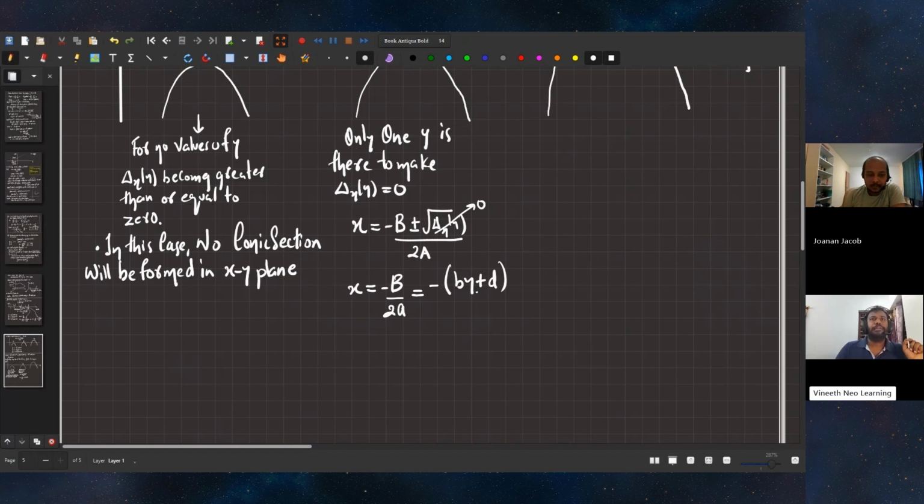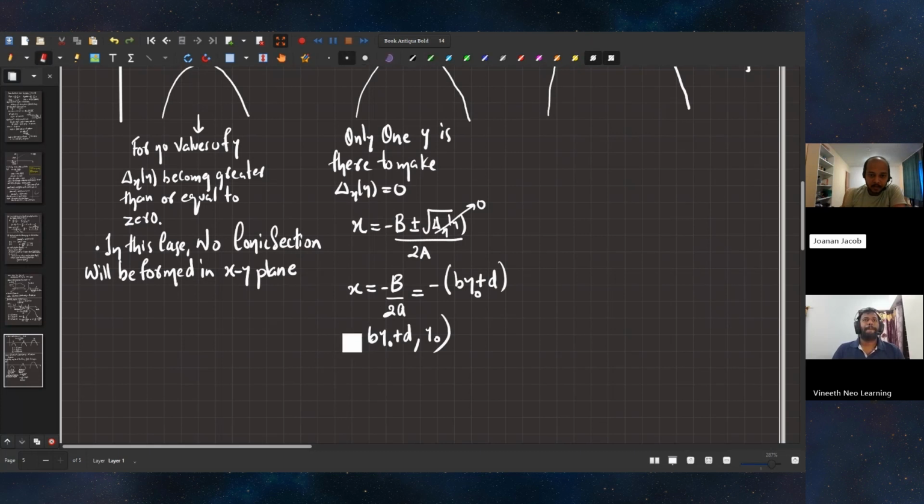So this happens when x equals minus (a y naught plus d), as I have substituted. So we get x coordinate as minus (a y naught plus d) divided by 2a, and y coordinate as y naught.